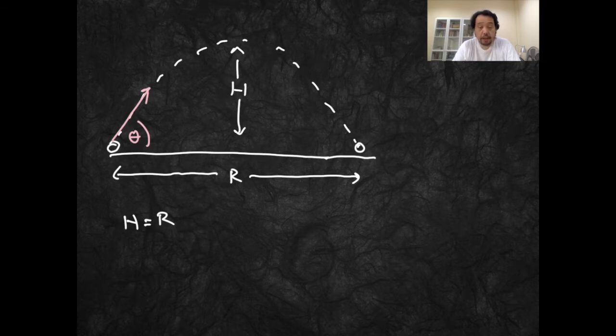You can see that to calculate h, we have to analyze the motion in the vertical direction, and to calculate r, we have to analyze the motion in the horizontal direction. We can analyze these two motions separately, and then we bring it back to this condition that h equal to r. Okay. So let's start with the horizontal motion.